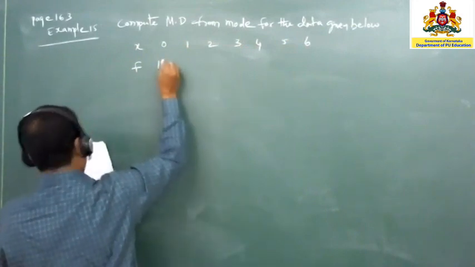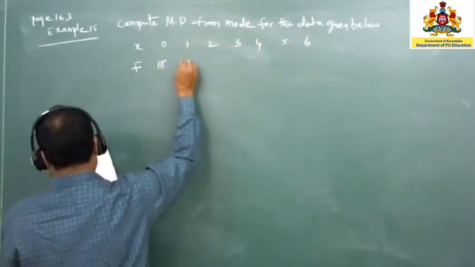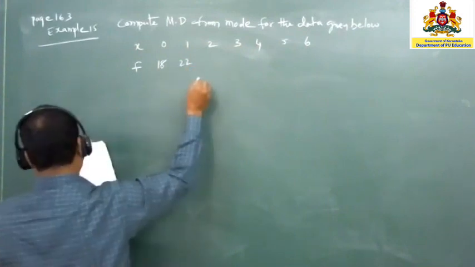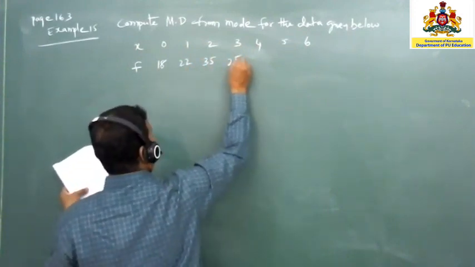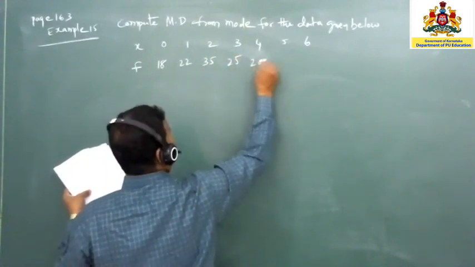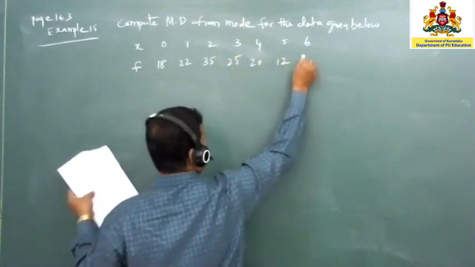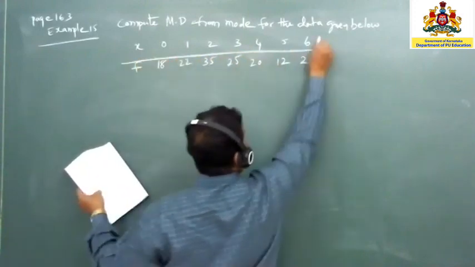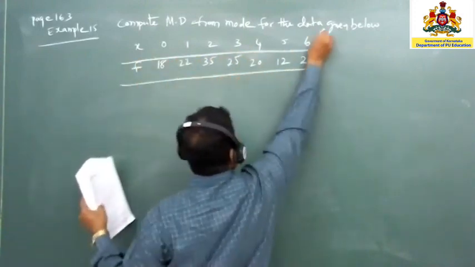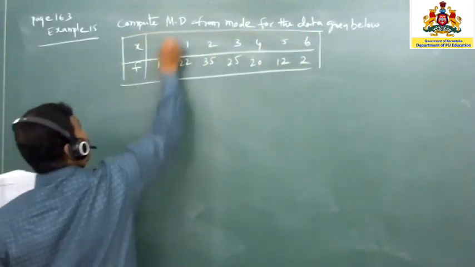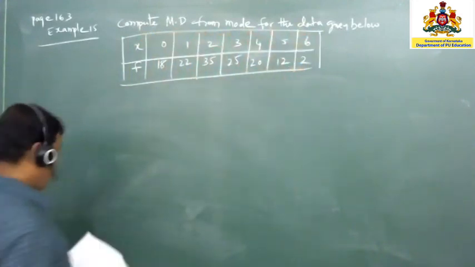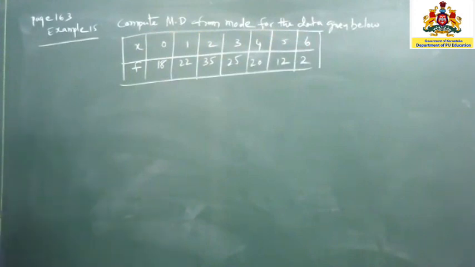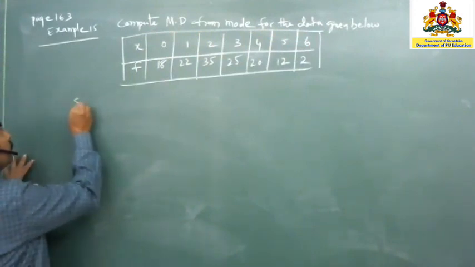Frequencies 18, 22, 35, 25, 20, 12, 2. In the given data, class intervals are not there. So, solution.